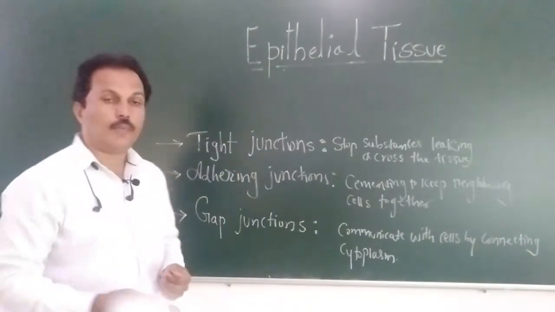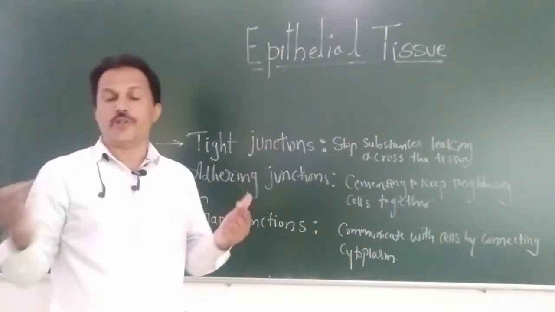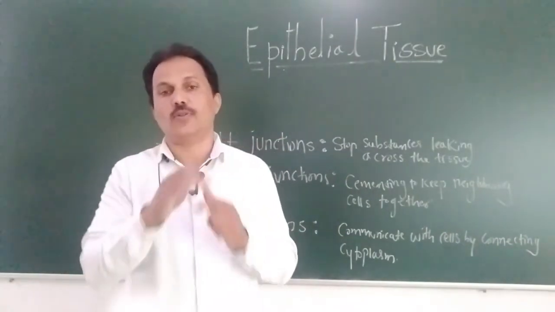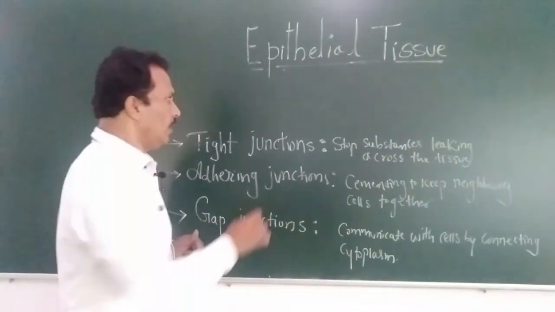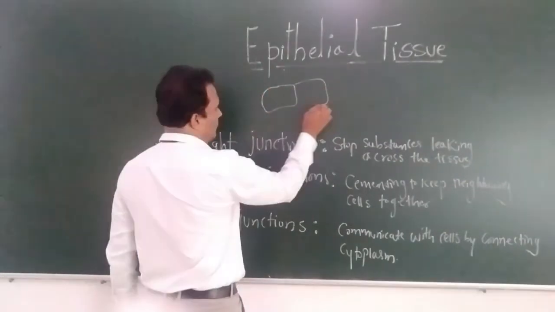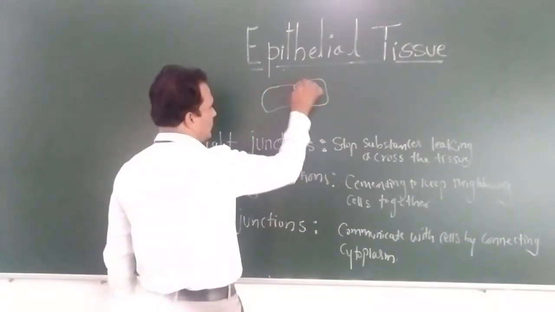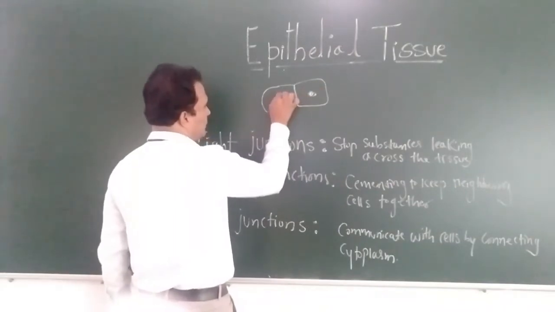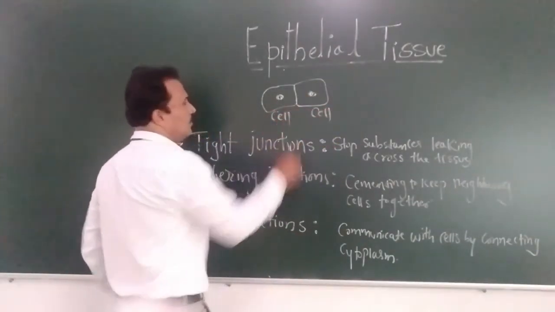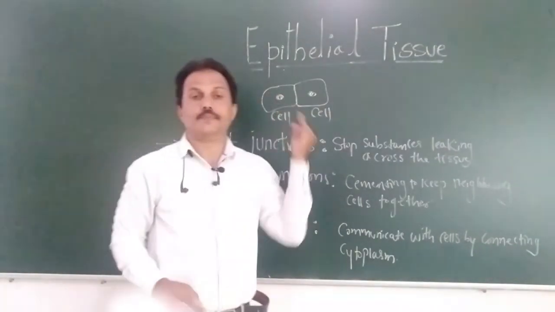Epithelial tissue is a group of cells organized together and placed on the basal membrane. For example, this is one cell and this is an adhering cell. This is a nucleus, this is a nucleus. So this is one cell, and this is another cell joined together.